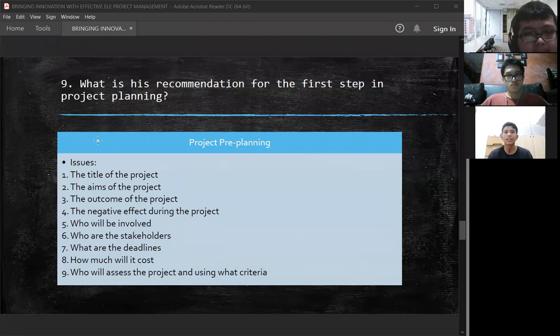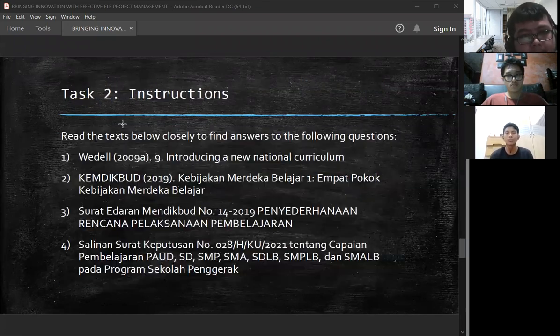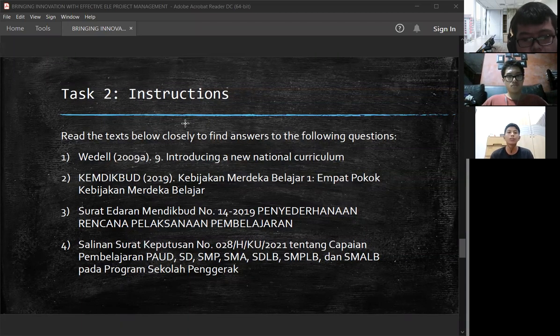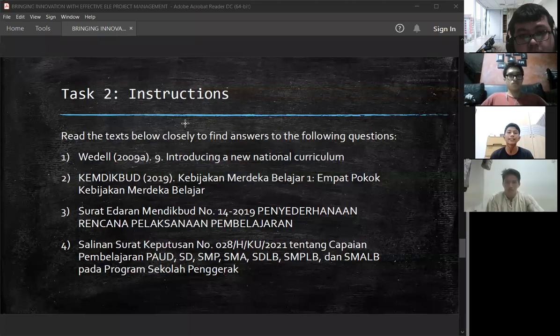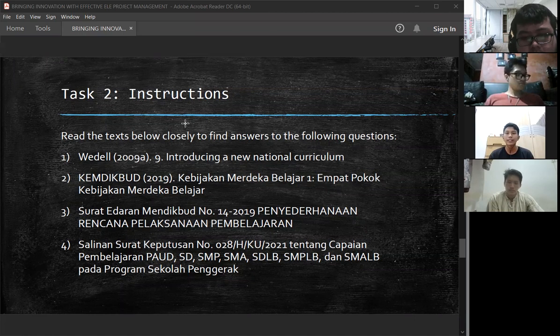Thank you, Albert. Okay, we are going to talk about task 2. In this task, we are required to choose one of the educational innovations recently implemented in Indonesia. We get two options: the implementation of simplified RPP or the prototype curriculum known as Curriculum Merdeka in 2022.